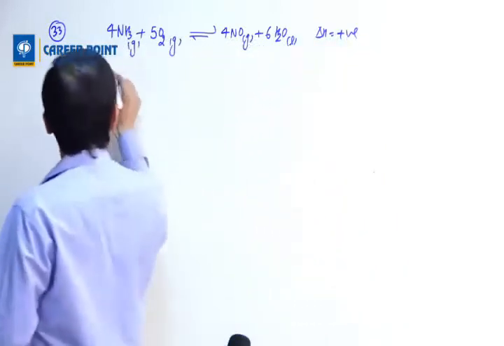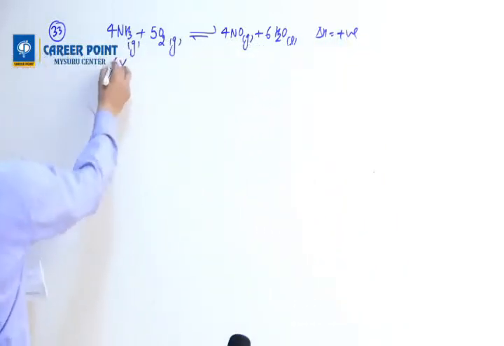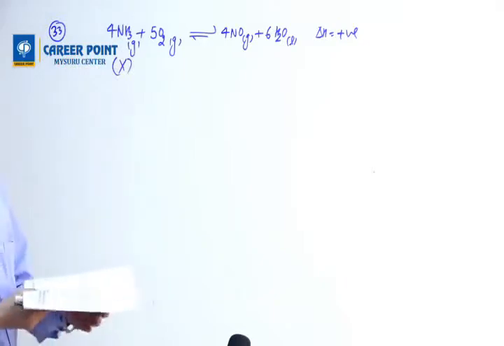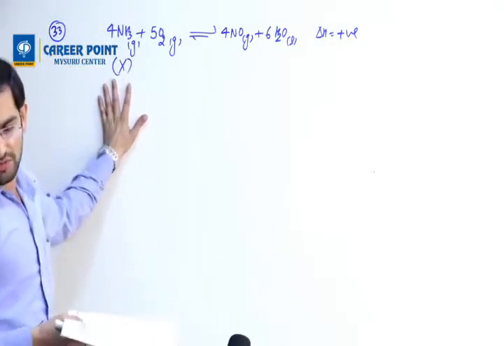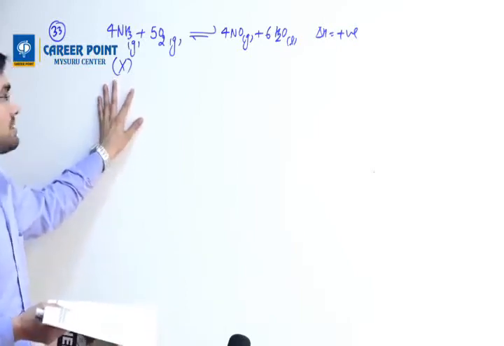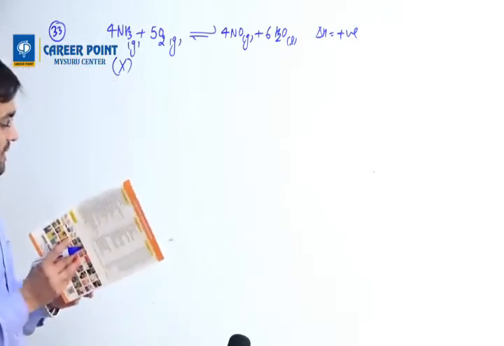What the question is saying is that I don't want to change the concentration of ammonia. It means whatever I do, there should not be a change in the equilibrium state. The options start with increasing pressure.